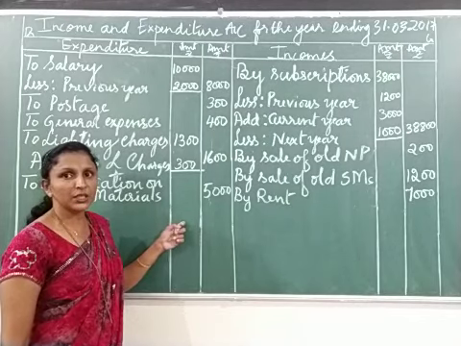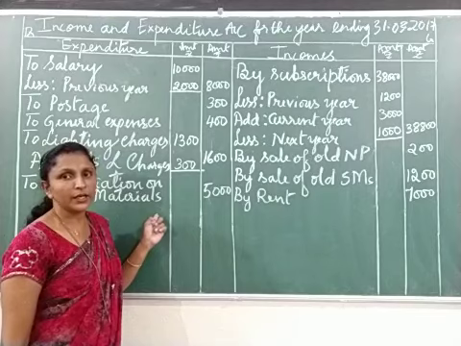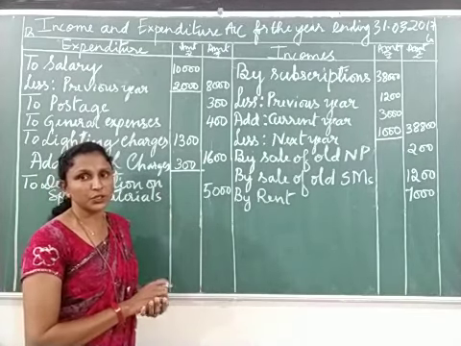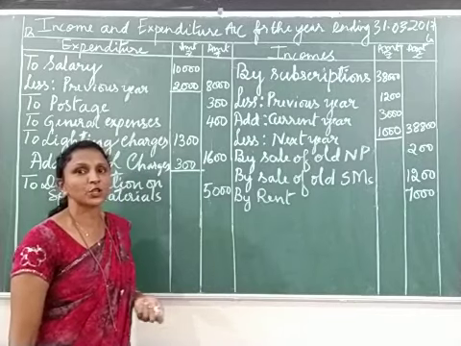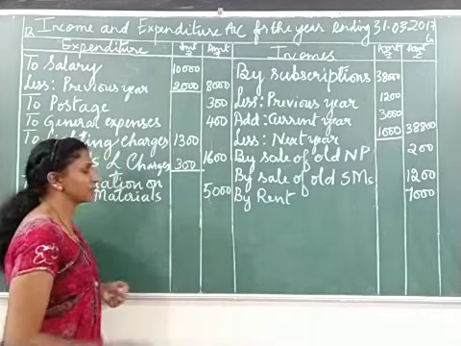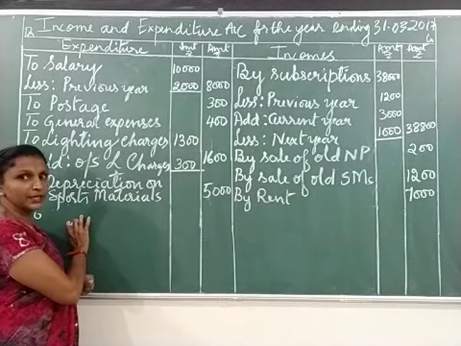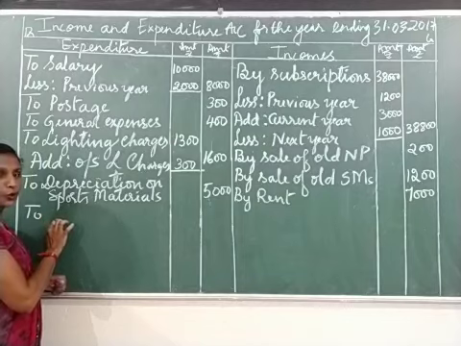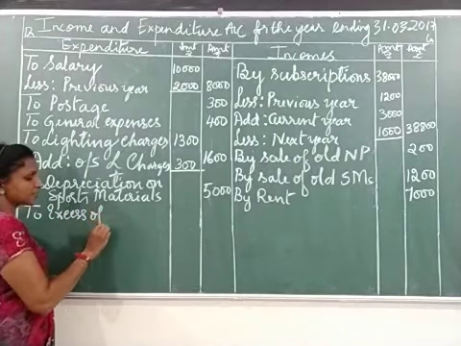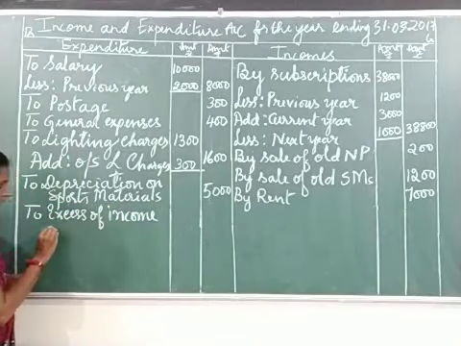So either you can write surplus as balance, or you can write excess of income over expenditure. As it is given in your book, excess of income over expenditure, let me use the same term. As we are getting balance on this side, we are writing to excess of income over expenditure.